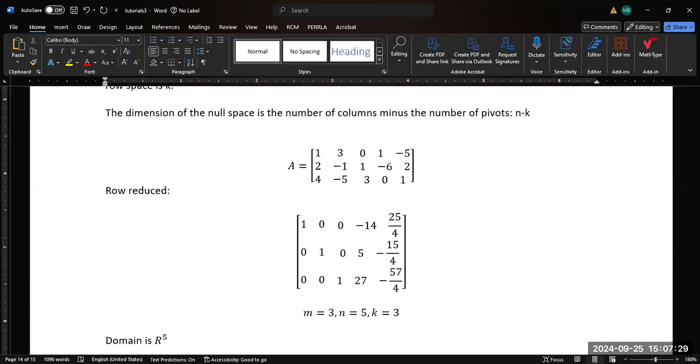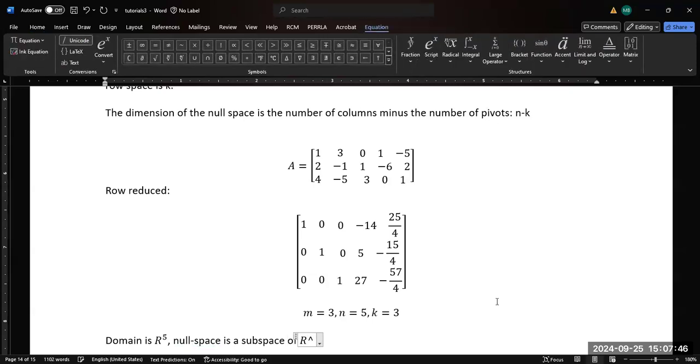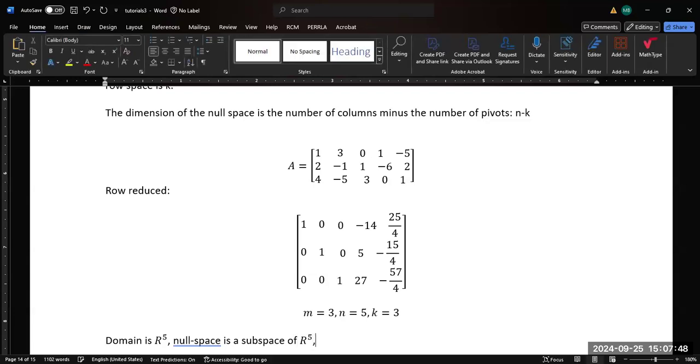Because in order to multiply any vector by this matrix, by definition of matrix multiplication, you have to have a 5-dimensional vector. We also know that the null space is a subspace of R5, of Rn generally. So the vectors will have to be 5 components long, but we have some pivots, so the dimension of the null space won't be 5.